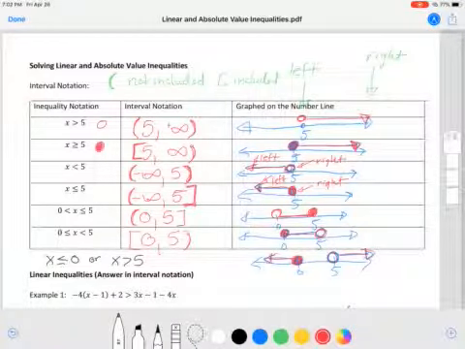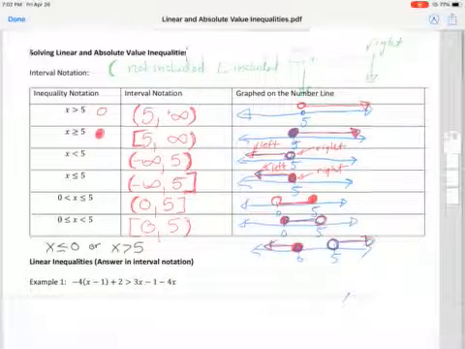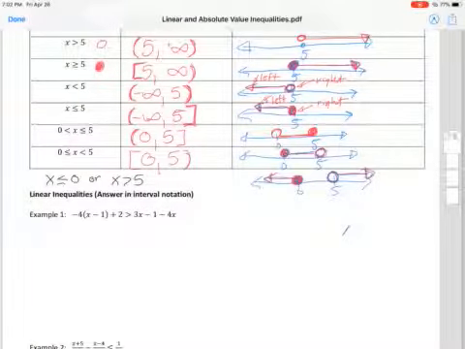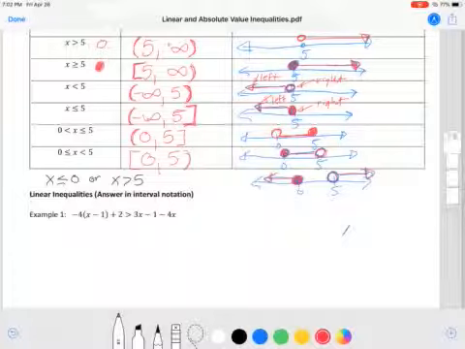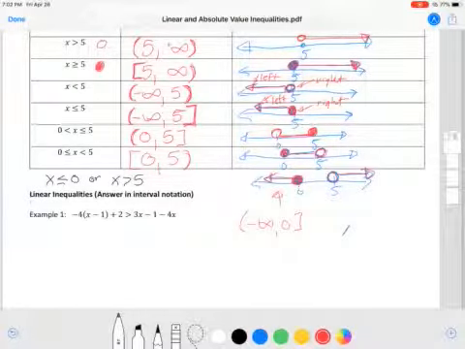So when you have something like this and you want to write it in interval notation, you just write it as 2 separate pieces. So I would write this piece here as minus infinity up to 0, including 0. And then the second piece, I would write 5 to infinity.